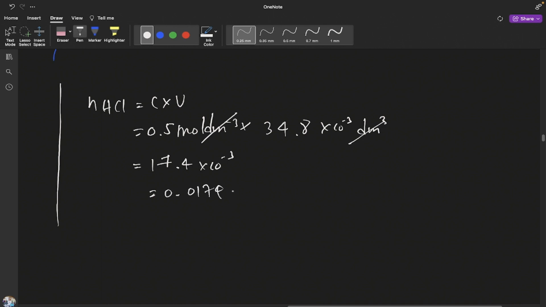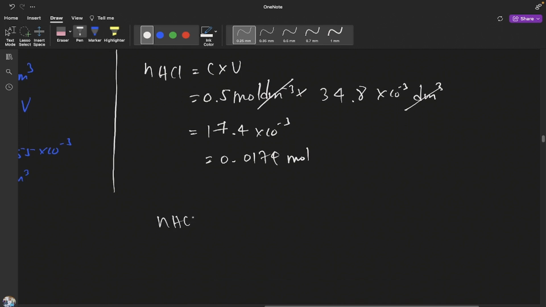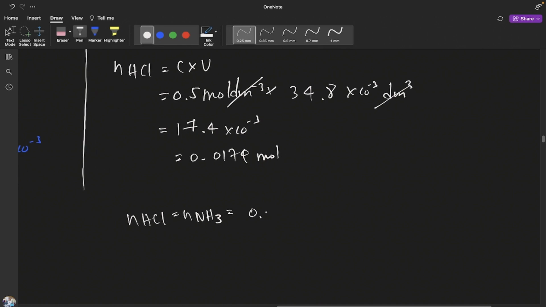0.0174 moles. So moles of HCl is equal to moles of NH3, so it is equal to 0.014 moles.